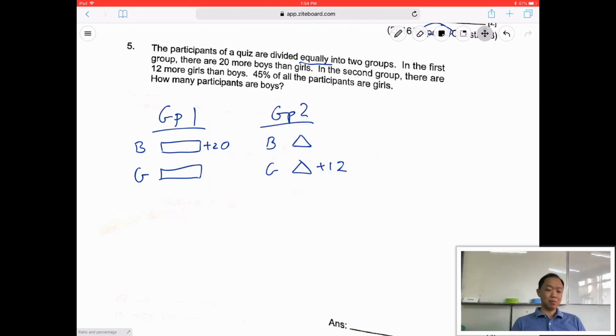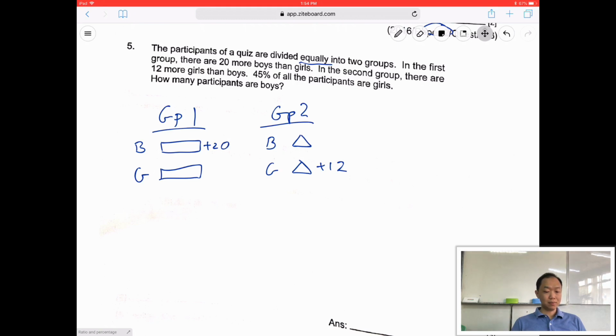Now, in the upper secondary, you use the simultaneous equation method. Okay, what do you mean by that? Because 2 rectangle plus 20 is the same as 2 triangle plus 12. Okay, that is the first clue. And then we have the girls.